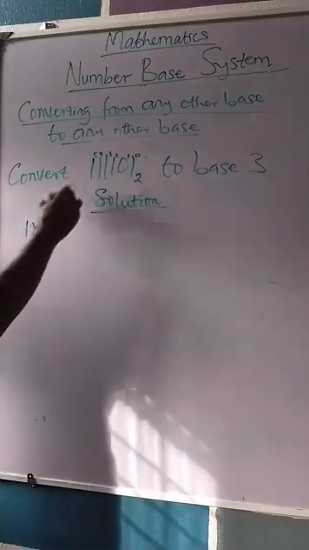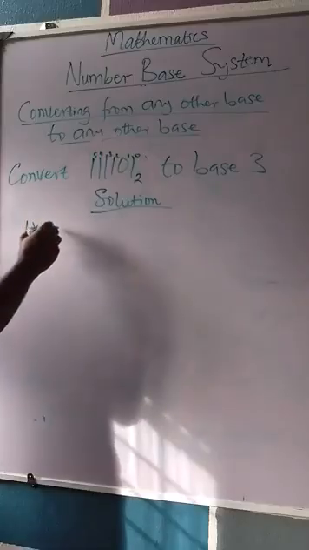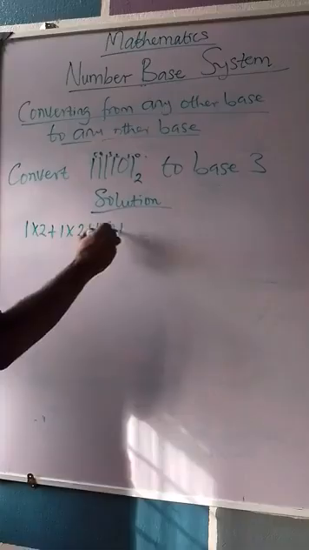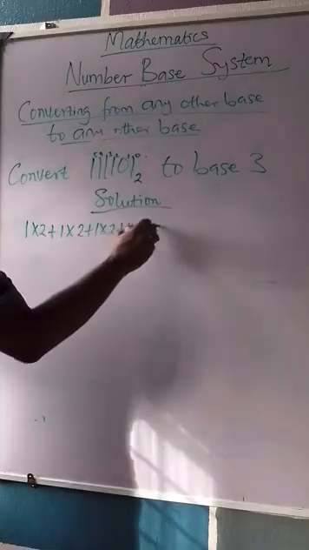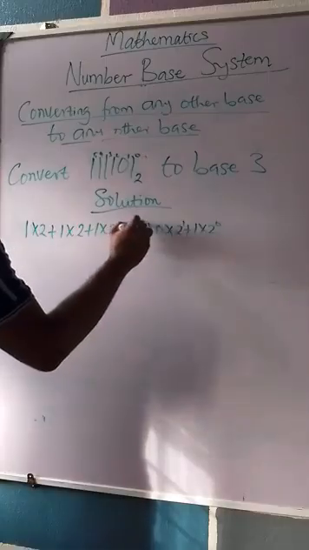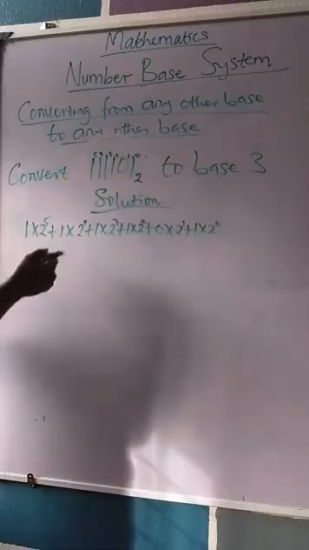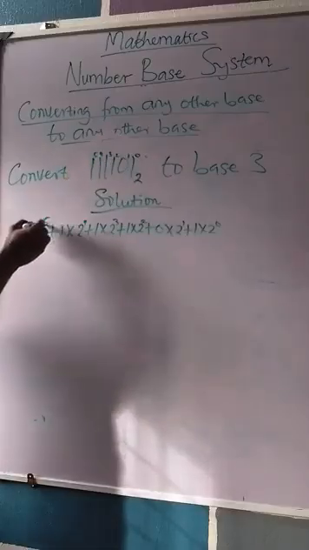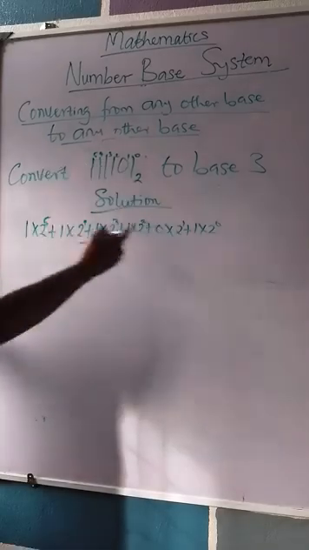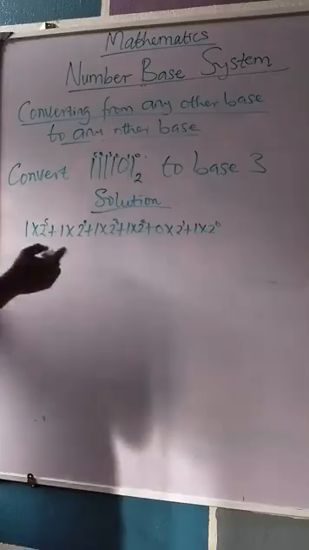So 1 times the base, plus 1 times the base, plus 1 times the base, plus 1 times the base, plus 0 times the base, plus 1 times the base. Positions 0, 1, 2, 3, 4, and 5. You see, it serves as a guide, so you need to do it. Just consider your time though.